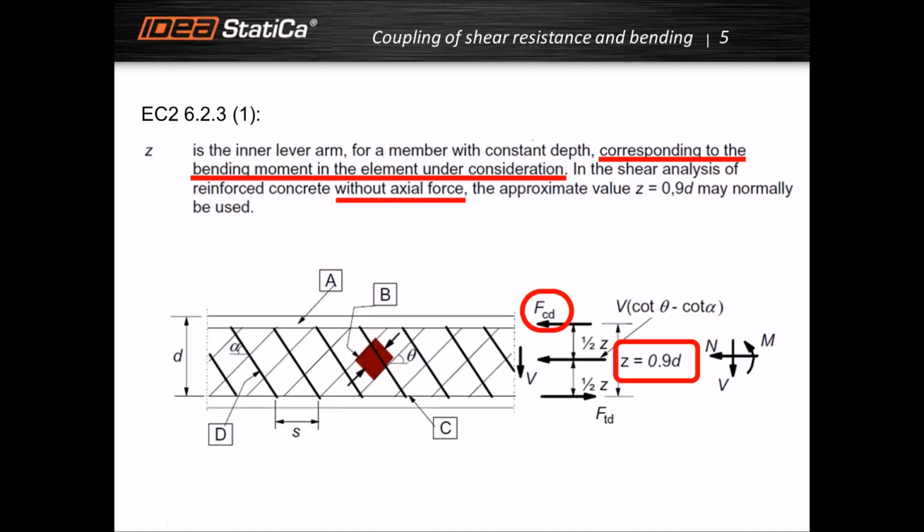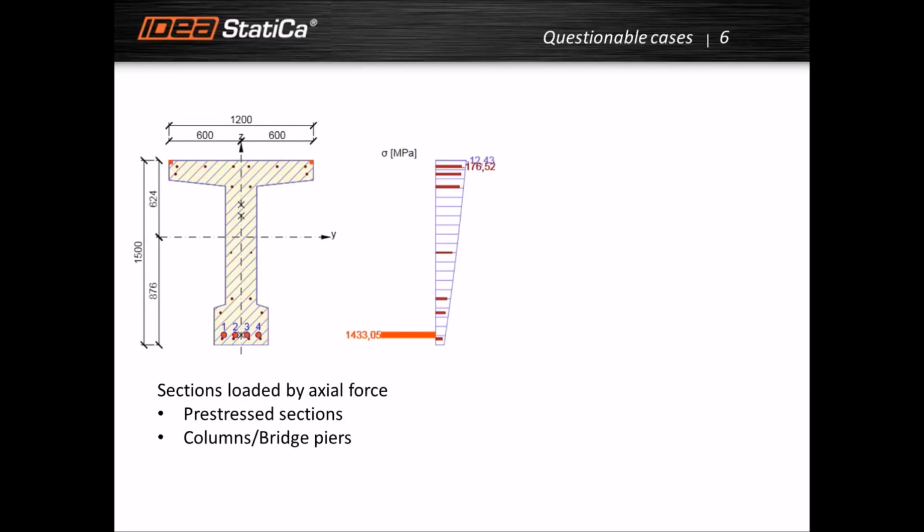In case that we have sections without axial force, we can use the approximate value 0.9 times d. Actually, if we have a section with axial force, I didn't find any recommendation in the Eurocode. But what about if we have the section loaded by axial force?